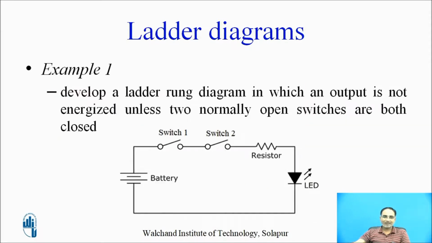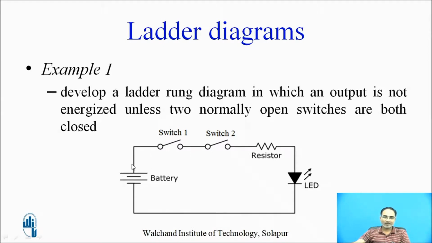Now let us develop some ladder rung diagrams for simple logic functions. Here let us take this example in which we are going to develop a ladder rung diagram in which an output is not energized unless two normally open switches are both closed.